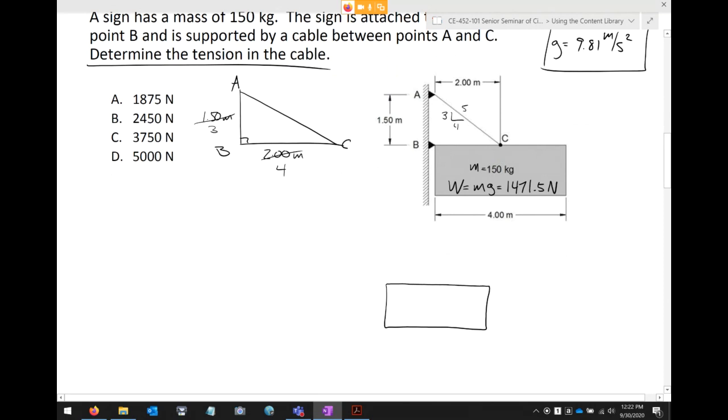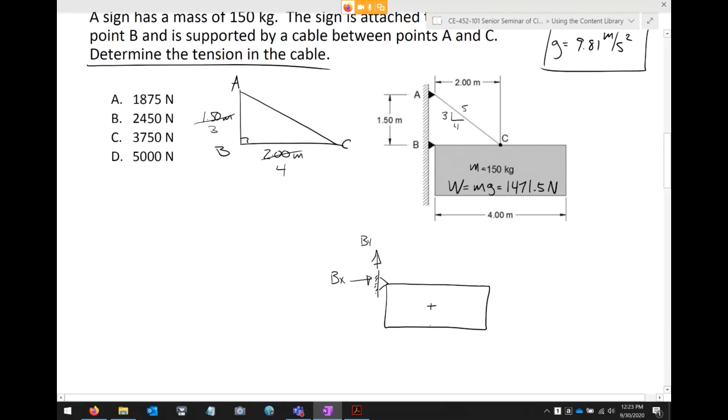So here's my sign, okay? And I have a hinge here. Okay, and so you know that hinges have a vertical reaction, and some sort of vertical or horizontal reaction, although that doesn't really matter, but we can call it Bx if you'd like. Now, the centroid of that sign, it's a rectangle, so it's going to be right there.